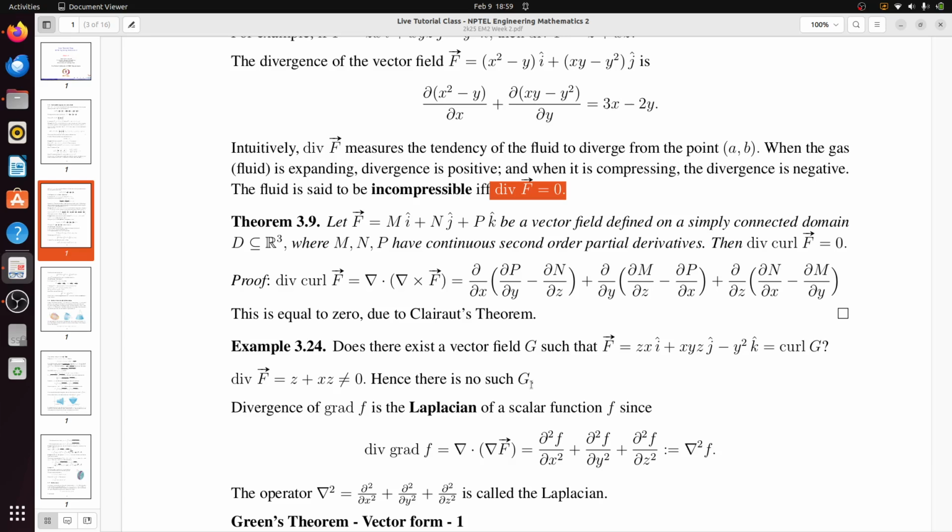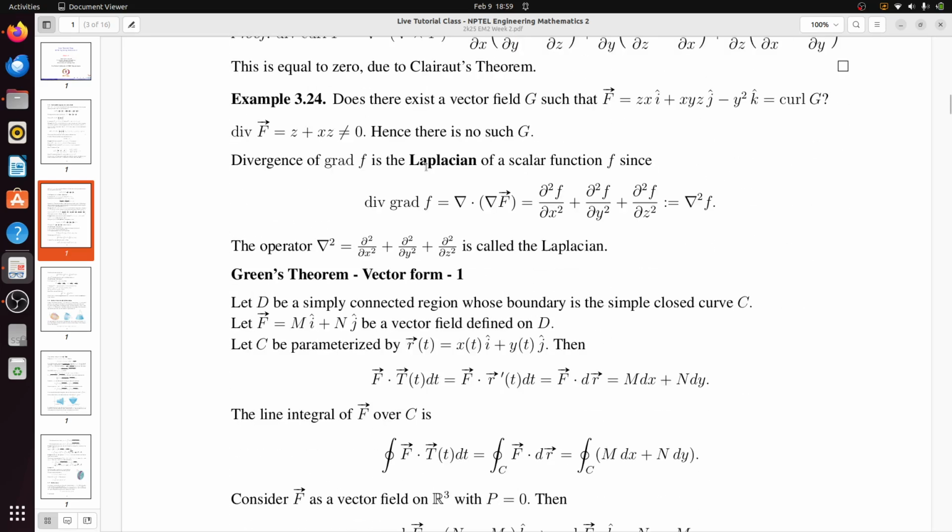Now divergence of grad f is called the Laplacian. This is also one important term. Laplacian means if you are operating on a scalar function f, you first operate the gradient operator, then the divergence.